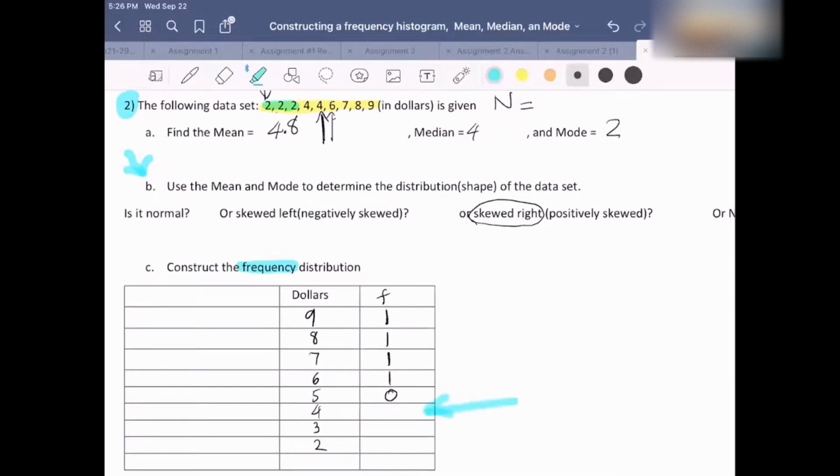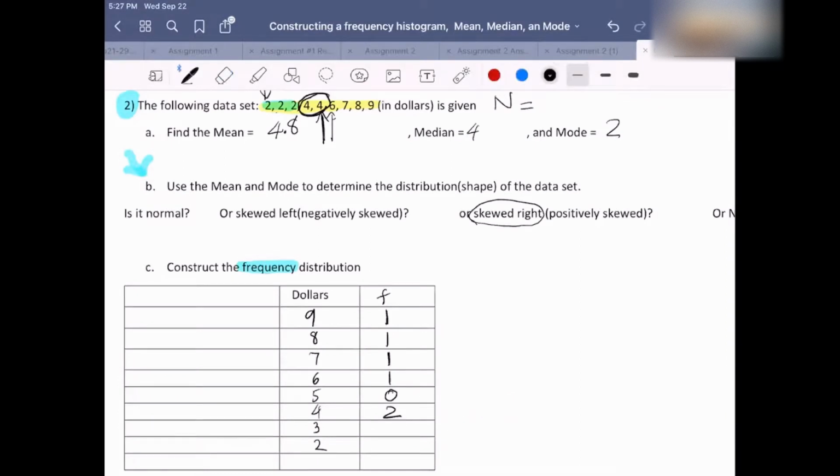Good. Let's move on to the next one. Number 4. How about, yeah, here, can you tell me number 4? Yeah. 2. He said 2, right? 2. Number 4, the frequency is 2. If you look at the list, the 4 appears twice, okay? Twice. That means that the frequency is 2. Good.